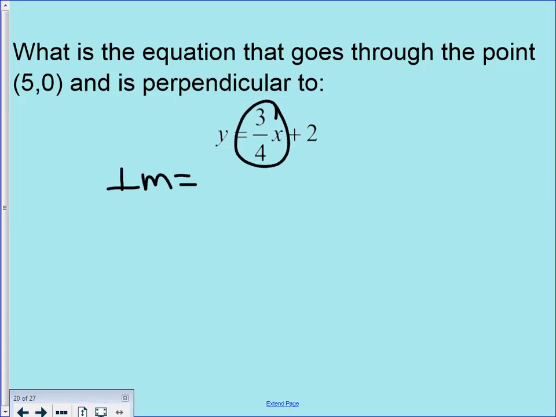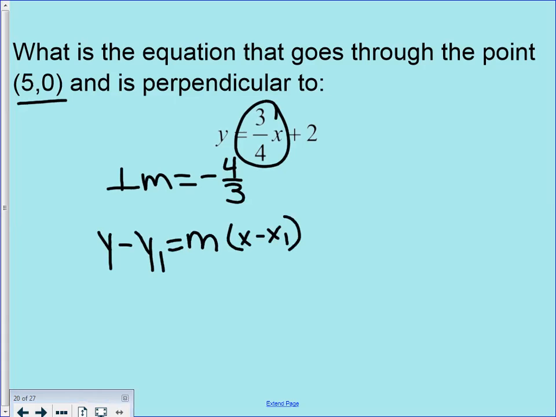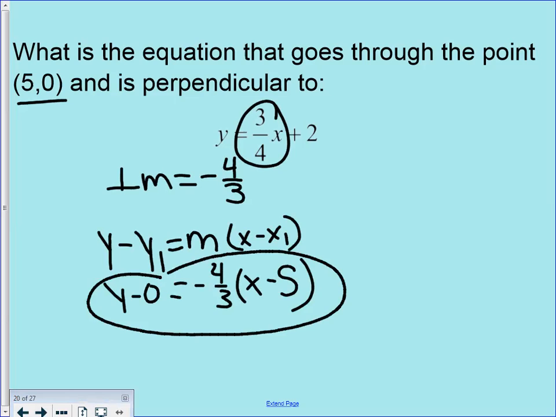There's my slope. My perpendicular would be negative 4/3. I need to go through this point. y minus y1 equals m, x minus x1. My slope is negative 4/3. x minus 5, y minus 0. Since it just says to write an equation, that right there is it. I am done.